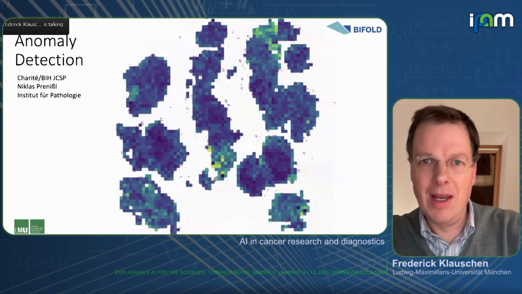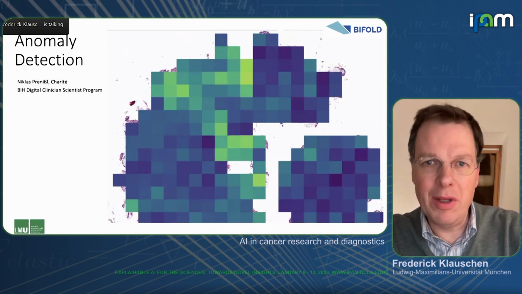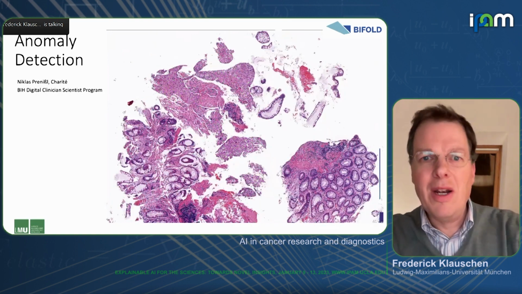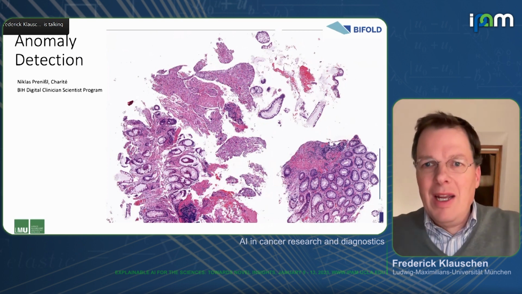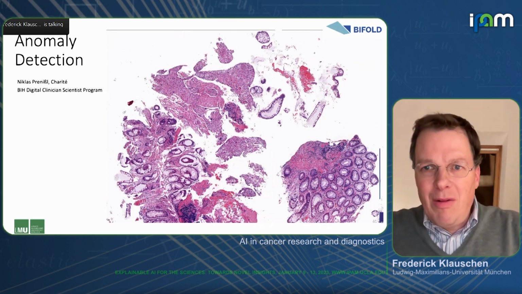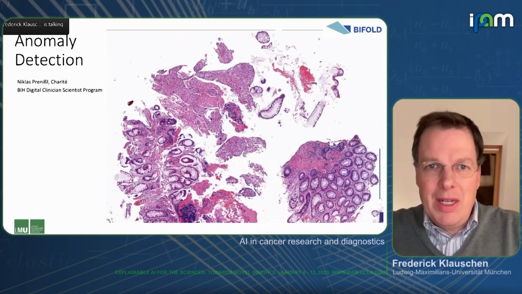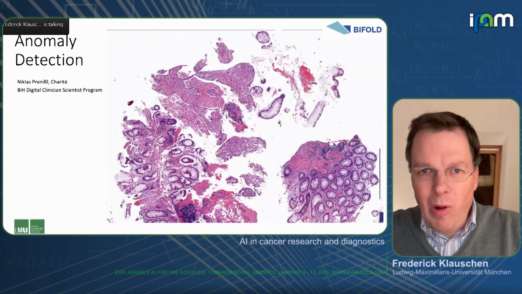And now if you look closer into that region where you have something interesting found by the anomaly detection, you can see here in the upper part that something looks different, right? And that is something that is very rare in this kind of biopsy. So this is actually a metastasis from stomach cancer going into the colon.